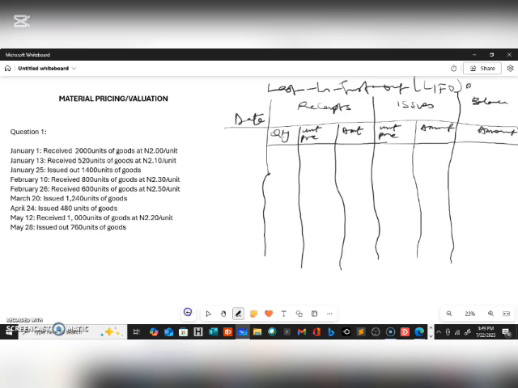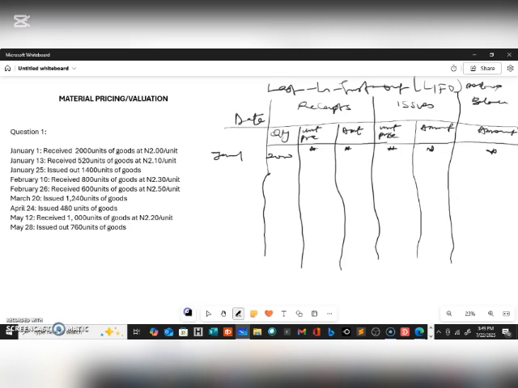In the question we're told that on January 1, we received 2,000 units of goods. So ensure you put your Naira sign. This is important. This is a unit price.